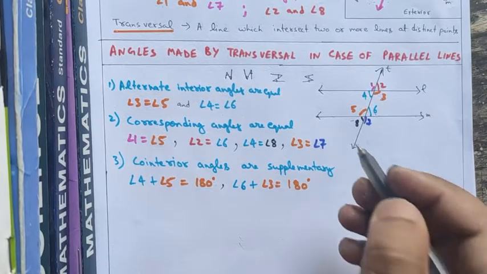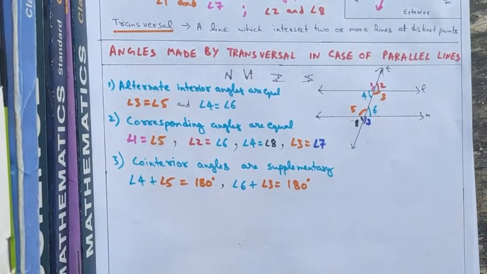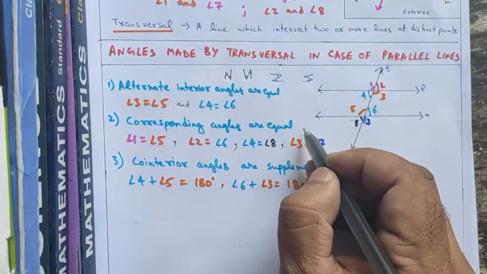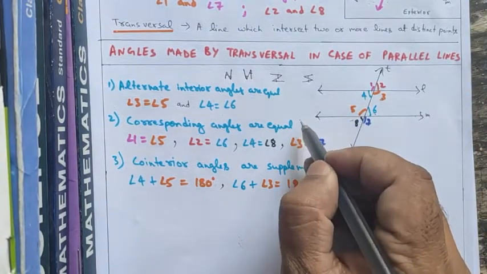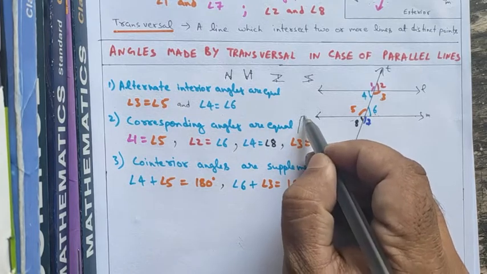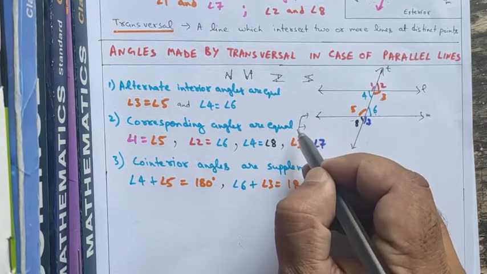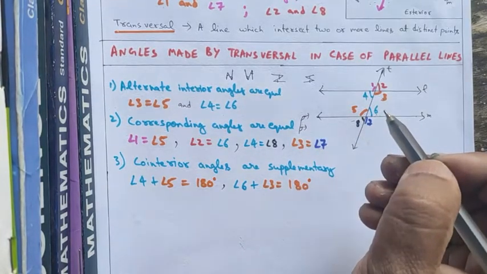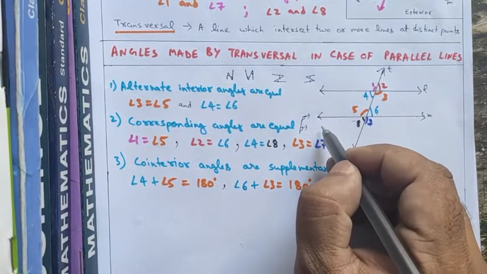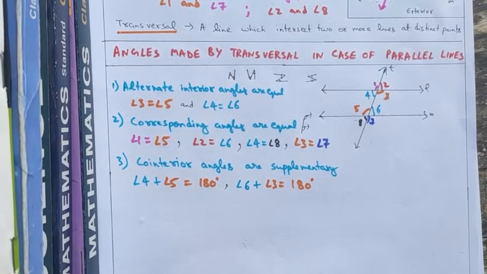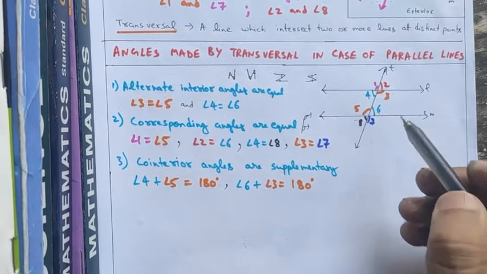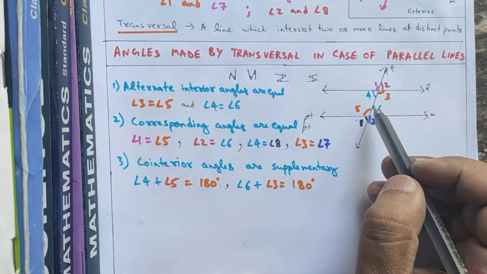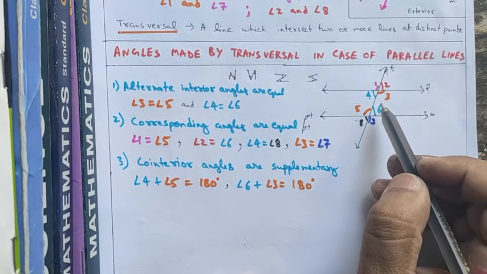Now the corresponding angles. You can identify corresponding angles as an F. If this is the transversal and one line, another line, it is something like an F. So this angle and this angle are corresponding angles. The F-like structure forms in corresponding angles.